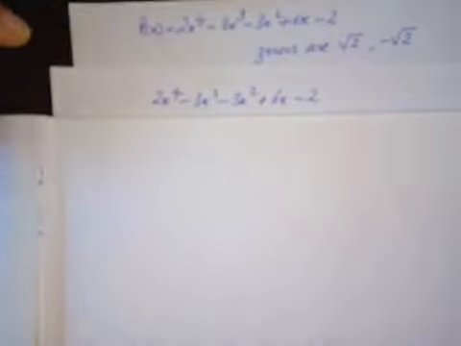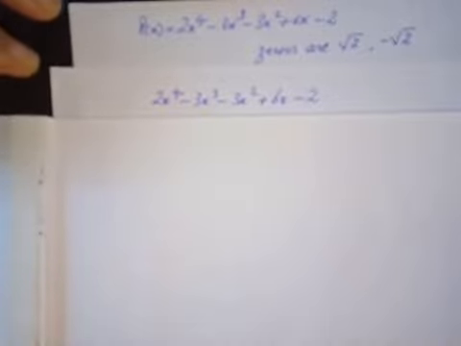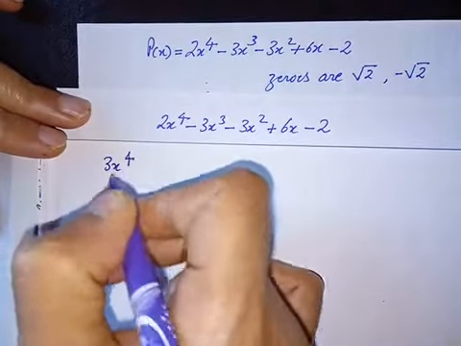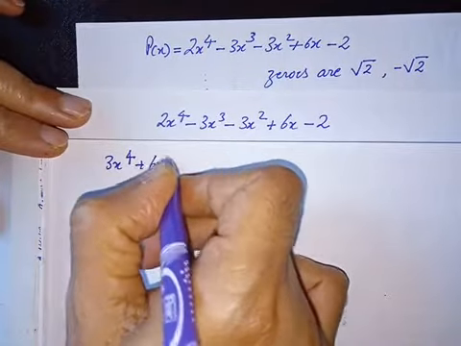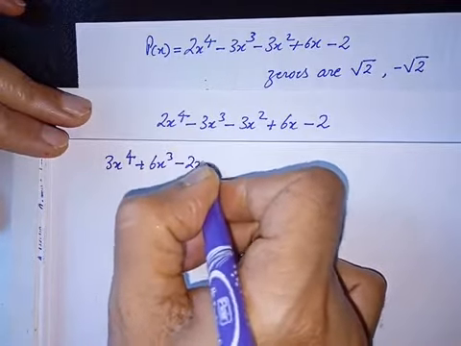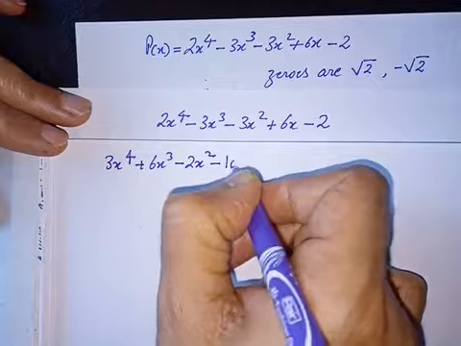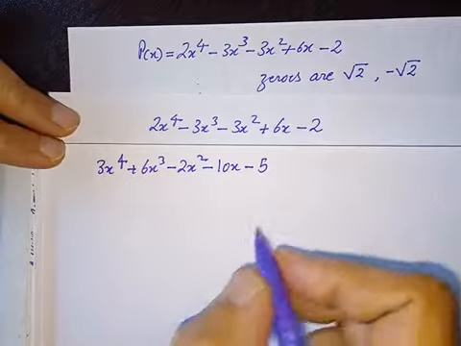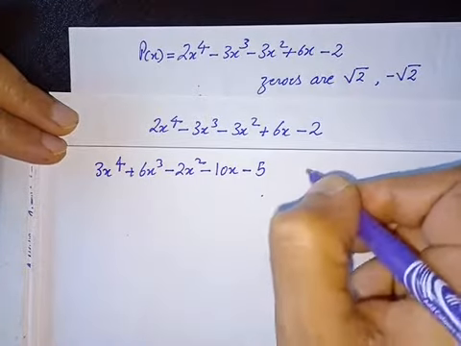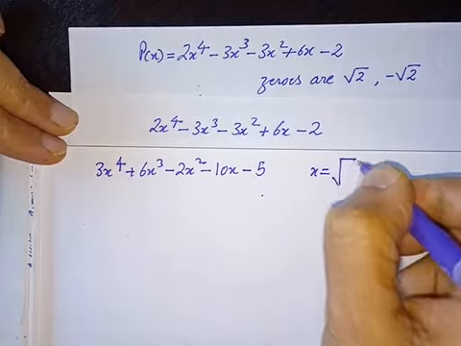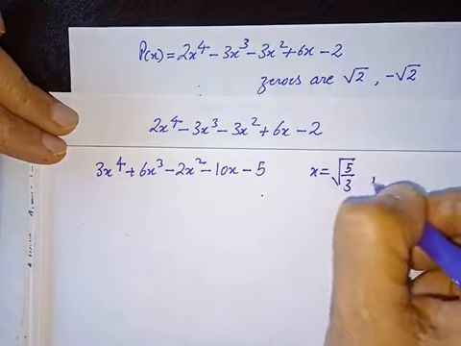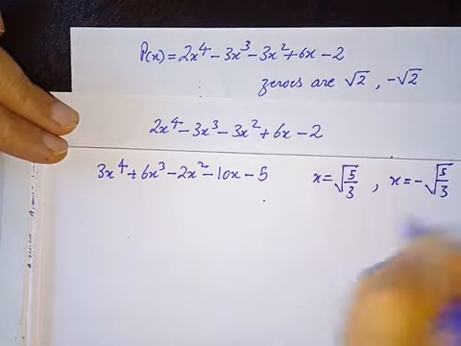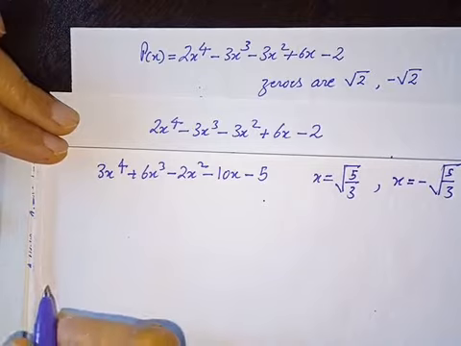The question is: obtain all the zeros of 3x to the power 4 plus 6x cube minus 2x square minus 10x minus 5, if two of its zeros are given to you, that is, the value of x equals square root of 5 upon 3 and the value of x equals minus square root of 5 upon 3. So two roots are given to you, the remaining two you have to find.